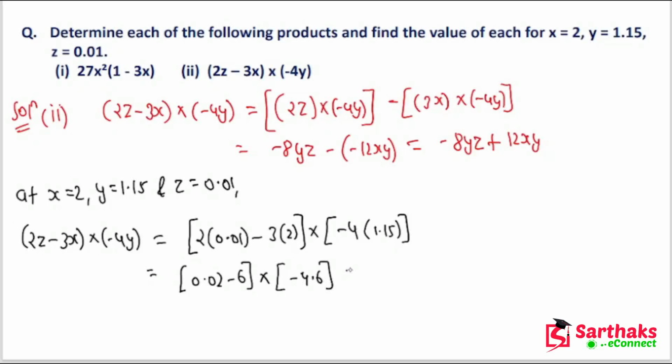After calculating this, you can directly see 0.02 minus 6.00 is minus 5.98. So minus 5.98 into minus 4.6. Minus minus would be plus, so the answer would be positive. So you just have to calculate 598 into 46.